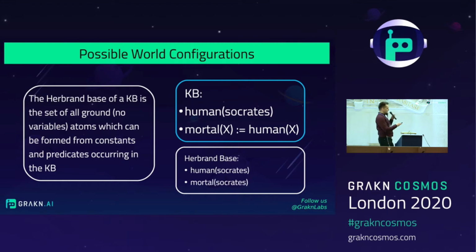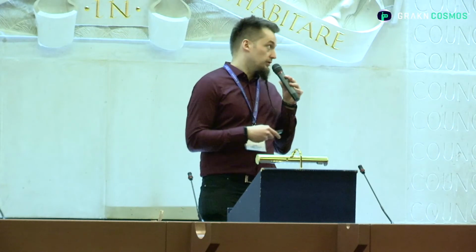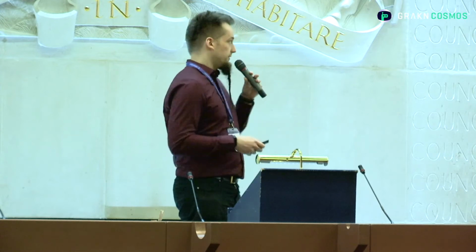For a simple example, if we just have a single constant, Socrates, and we know he's a human, and we know that every human is mortal, then our Herbrand base contains only two facts: one, that Socrates is a human, and one, that Socrates is mortal. So all possible assignments of constants to our predicates.